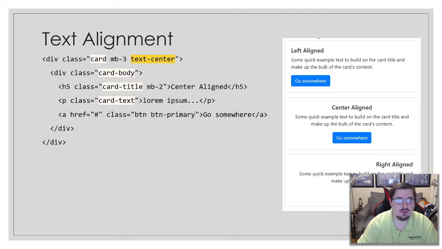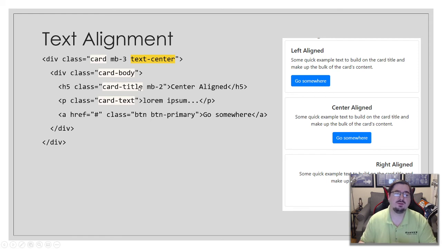You can also align your cards. So if I want to change how the whole card is aligned, I can add that to the card, the outer layer, and then it will be inherited by all the layers below. So for example here, if I set text-center, everything in that card will be centered. Or I could put it left aligned and everything would be left aligned, or I could make it all right aligned.